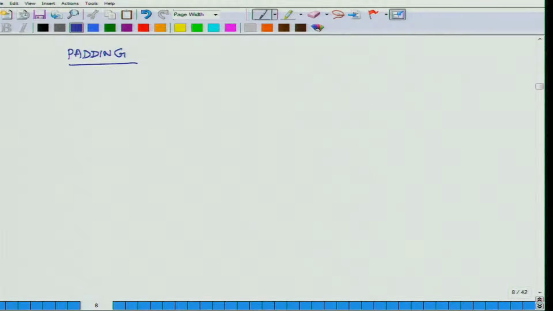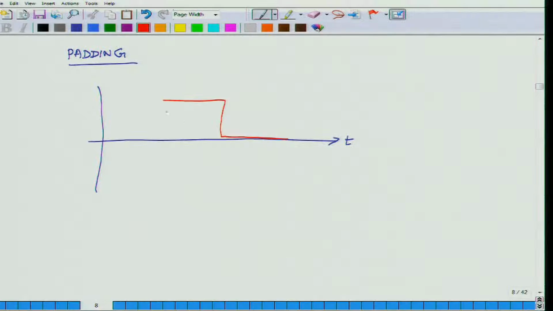Padding. So, suppose you have a signal in time and this is not a repeating signal, because we can use Fourier transforms for non-repeating signals.